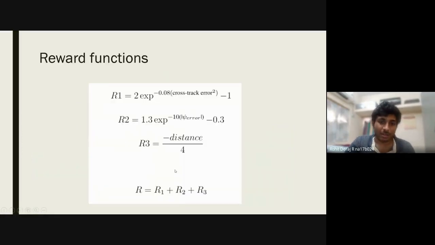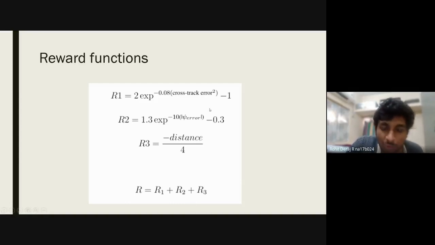And this is the reward function that I am using. I am using 3 rewards, one corresponding to the cross-track error, one corresponding to the course angle error, and the other corresponding to the distance. And I'm summing them all up before storing in the replay buffer.